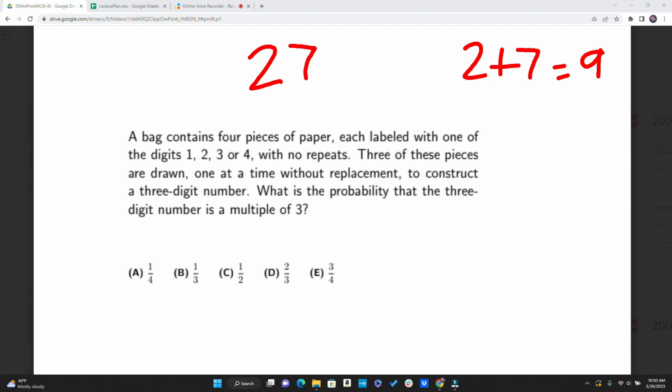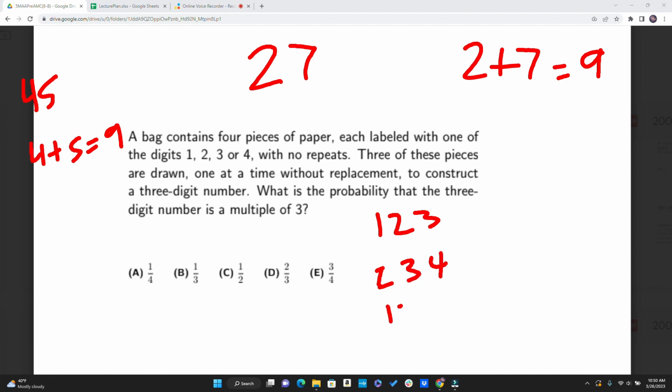We can see another example of that. 45. 4 plus 5 is 9. 9 is a multiple of 3, so 45 is a multiple of 3. Okay, so now we can look at 1, 2, 3, or 4. So we could either draw 1, 2, and 3, 2, 3, and 4, 1, 2, and 4, or 1, 3, and 4, right?